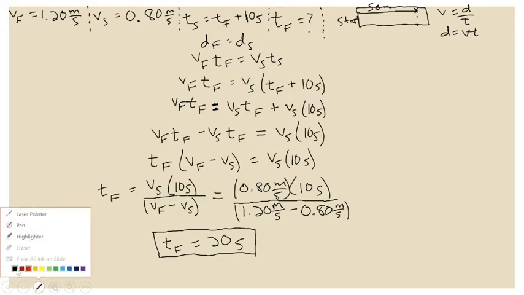So in the knowns, I've written down the speed of the father, which is 1.20 meters per second, the speed of the son, which is 0.80 meters per second.